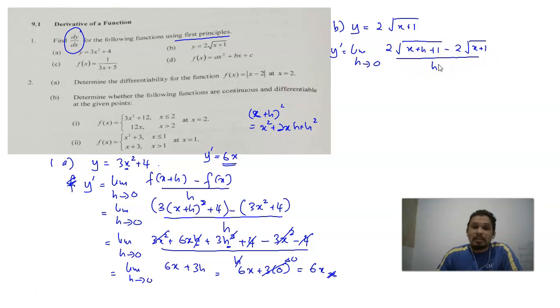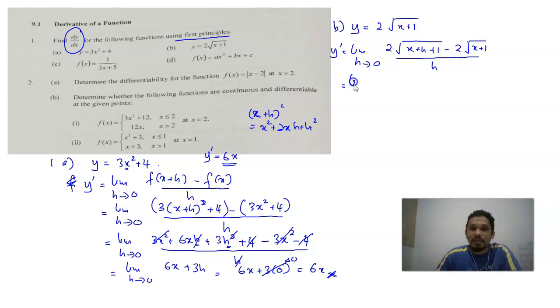Okay, class, if I simply substitute h equal to 0 here, everything is divided by 0, so it's meaningless. Even with h equal to 0 here, 2 square root of x plus 1 minus 2 square root of x plus 1, we get 0 over 0.